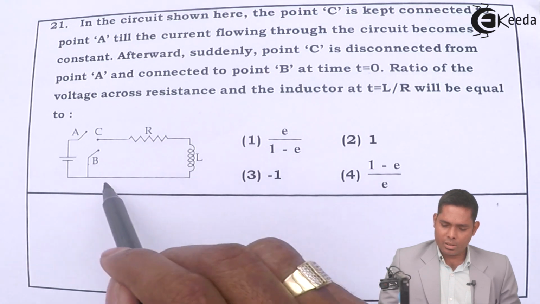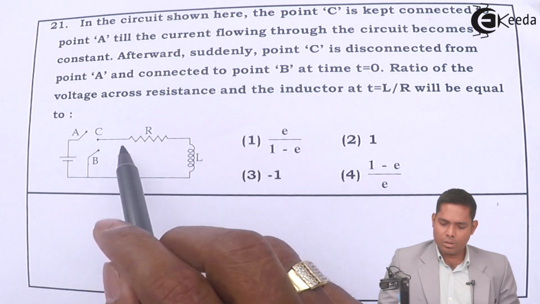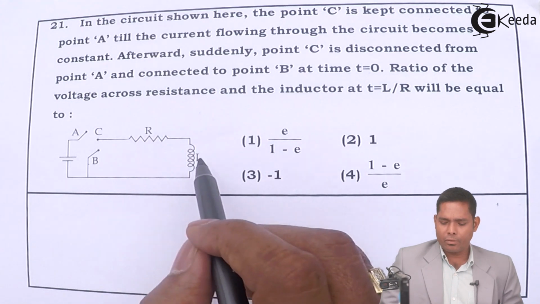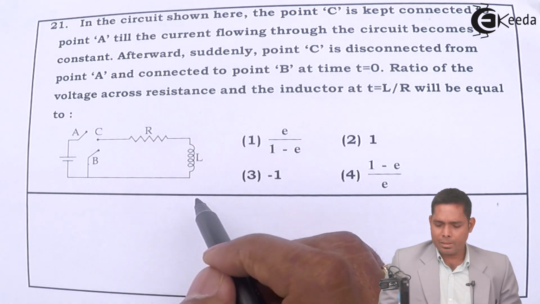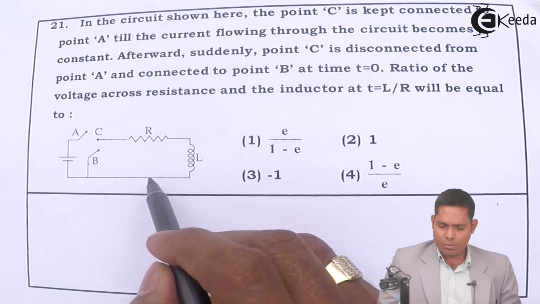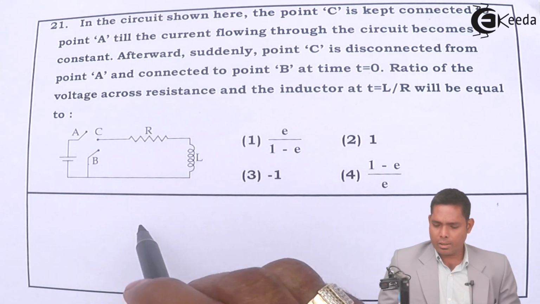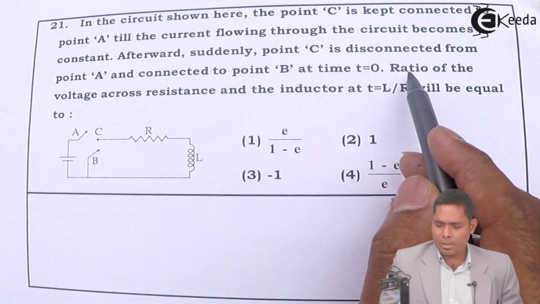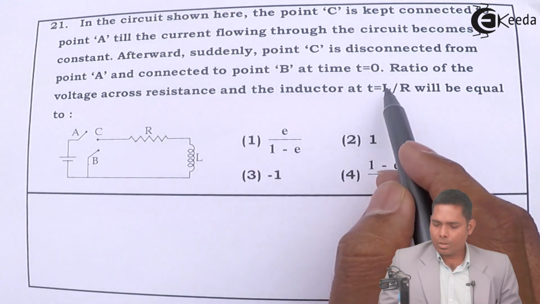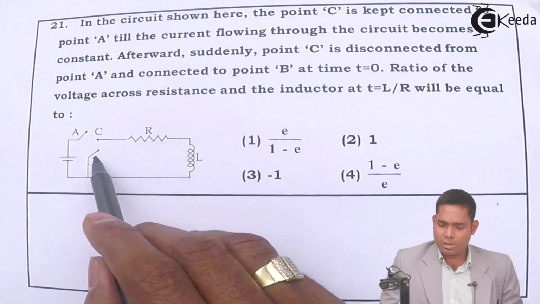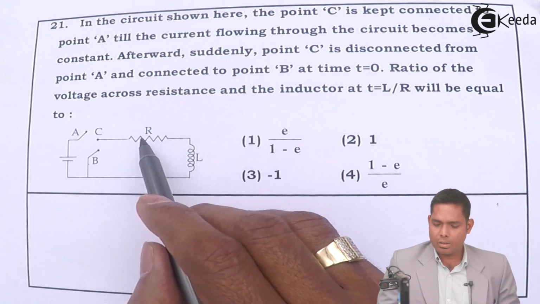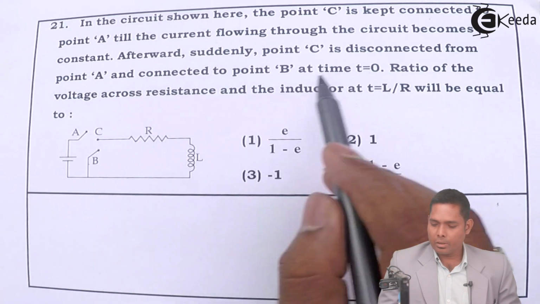It will maintain that until the magnetic field in the inductor collapses completely. After a very long time, the current will stop because of the resistance. That energy will convert into heat.